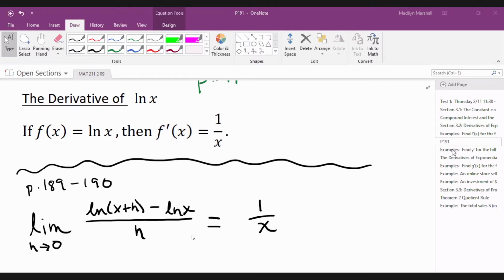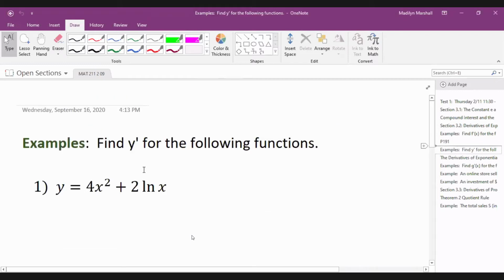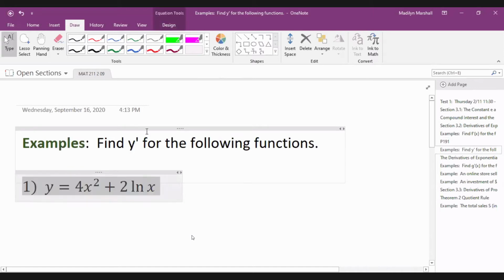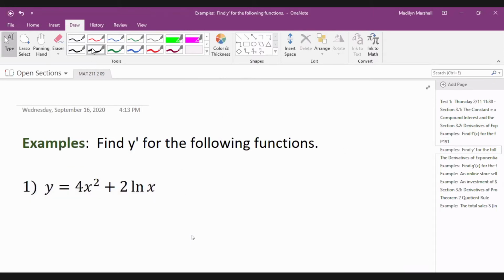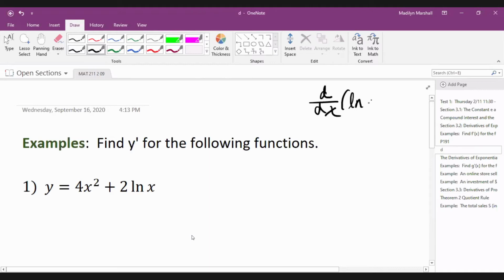So we're going to keep adding on these derivative rules. So here's our first example. I'm just going to write this up here so it's handy. So the derivative of natural log of x is 1 over x.